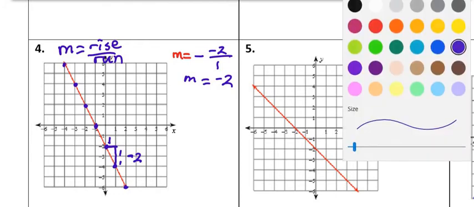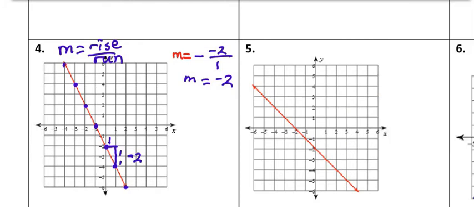I also have to find my y-intercept. Where does that line cross the y-axis? So I see it crosses at 0, -2. So I'm going to put 0, -2 here. Now I'm going to write this in slope-intercept form first.